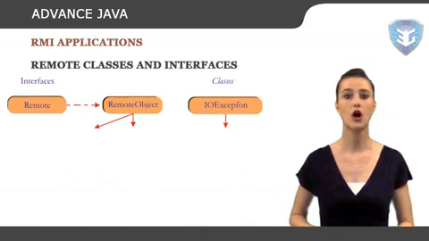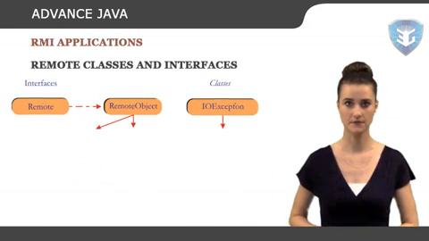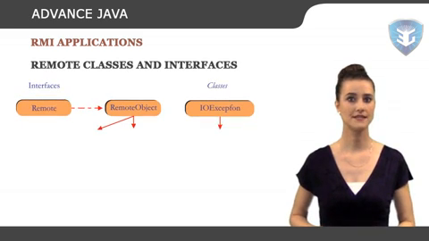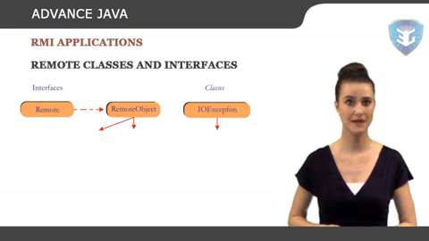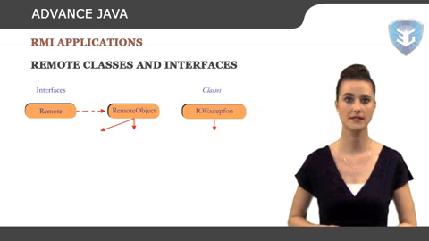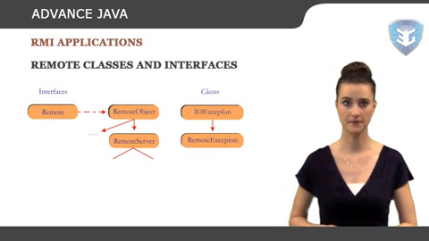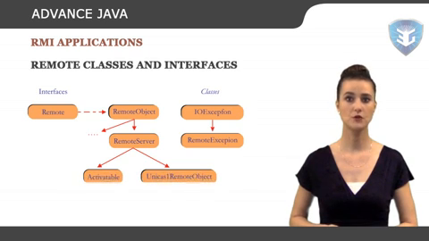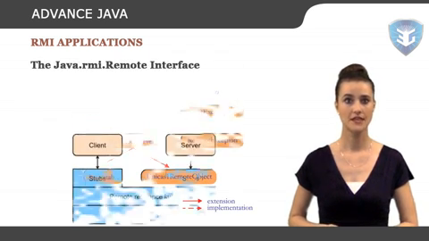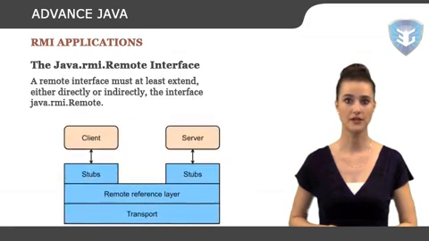Let's now take a look at remote classes and interfaces. The interfaces and classes that are responsible for specifying the remote behavior of the RMI system are defined in the java.rmi package hierarchy. The figure on the screen shows the relationship between several of these interfaces and classes. The java.rmi.Remote interface.